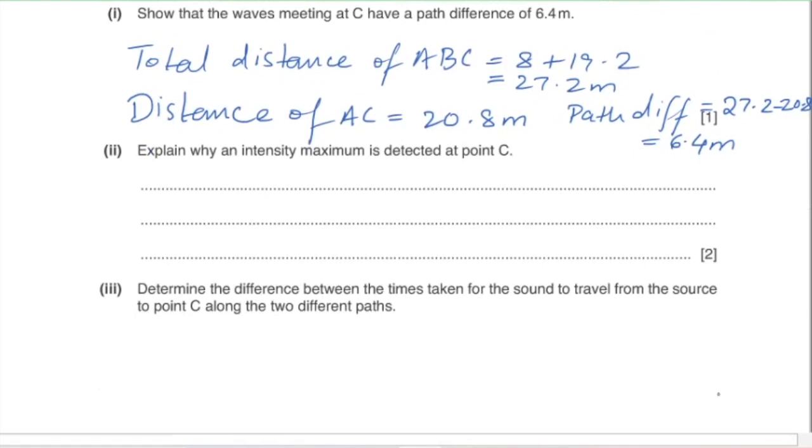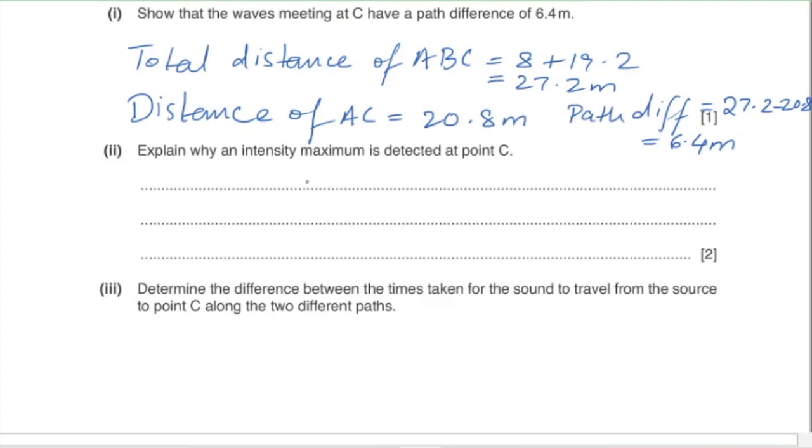Part 2, explain why an intensity maximum is detected at point C. Intensity maxima form only when 2 incoming waves are in phase and they form constructive interference. Also, their path difference is in whole numbers, like a path difference of just 1 wavelength, or a path difference of 2 wavelengths.